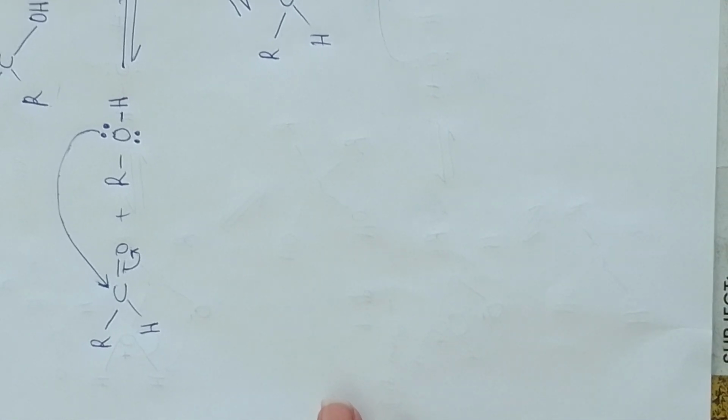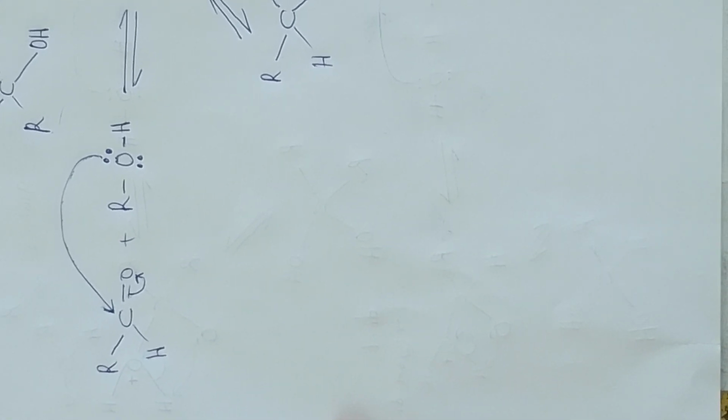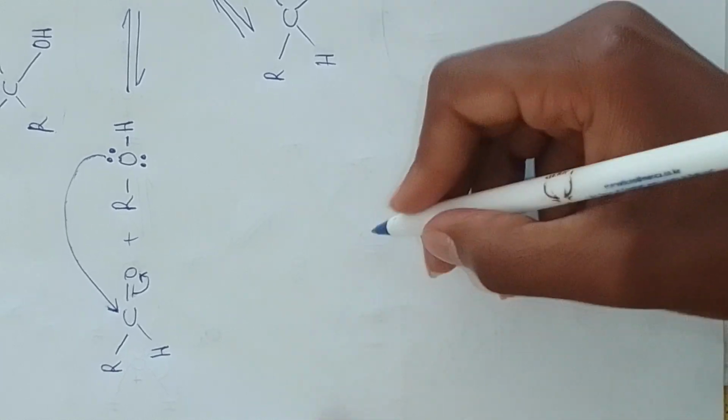When you add water to an aldehyde or a ketone, the resulting product is an alcohol, which is a diol. So now let's summarize this.